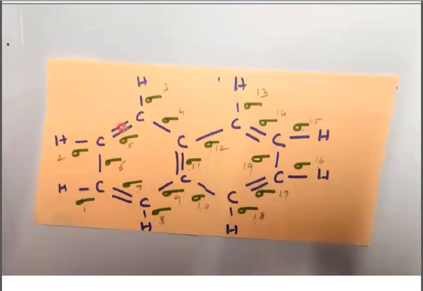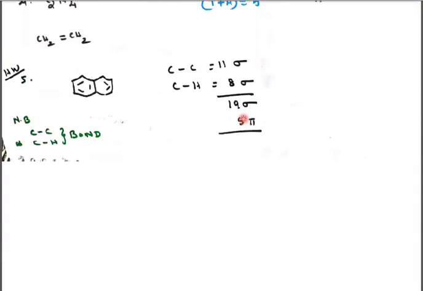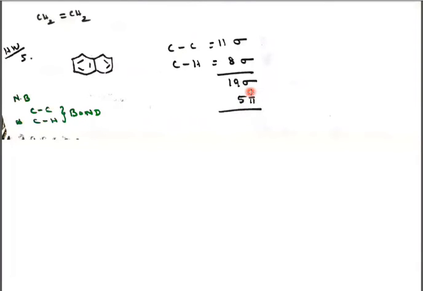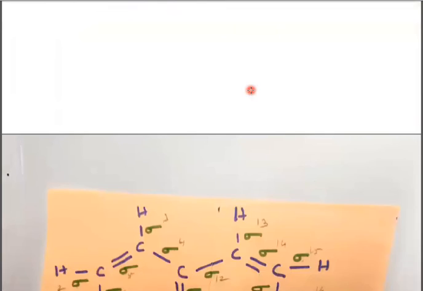Double bonds are called pi bonds. 1, 2, 3, 4, 5. So 5 pi bonds and 19 sigma bonds. 5 pi bonds and 19 sigma bonds is the answer after you apply the trick and then you see the solution.